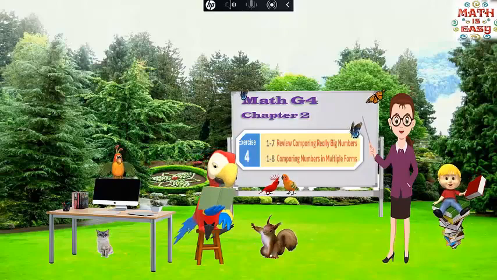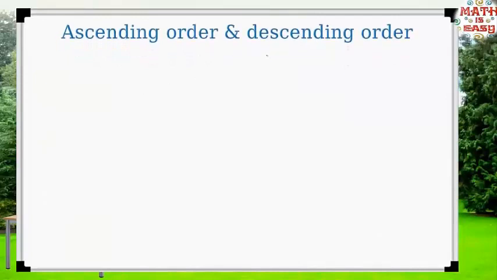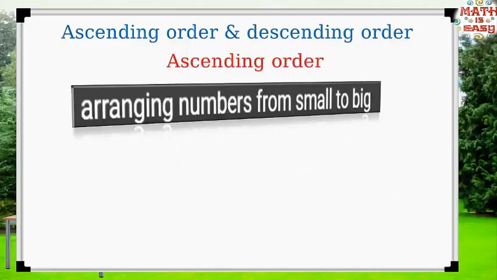Lesson 5. In lesson 5 we will learn ascending and descending order. And first, what is the meaning of ascending order? Ascending order means you should write or arrange your numbers from small to big. You should start from the smallest number and end with the biggest number.